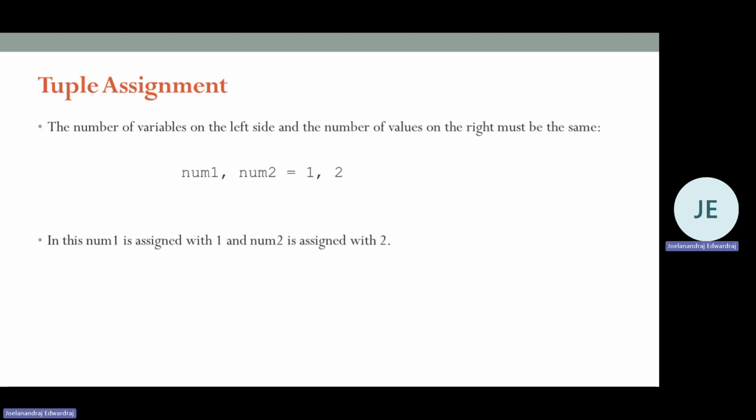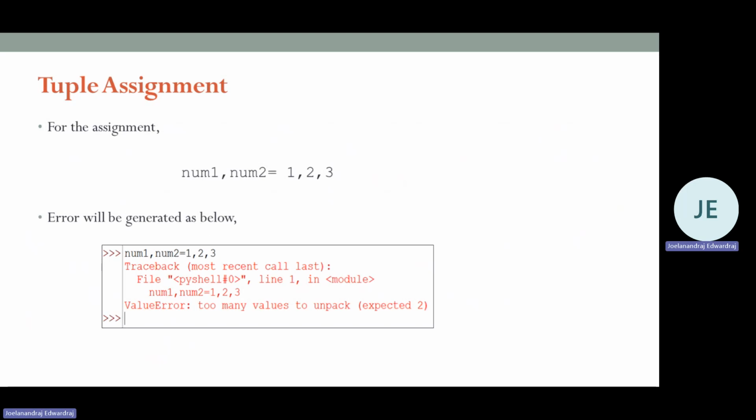One important thing we have to understand in tuple assignment: left side and right side. On the left side, the number of variables should match the right side values. Otherwise, an issue will arise. Like here, num1 comma num2 is equal to 1, 2, and 3. Whenever the interpreter sees this statement, it will get confused because inside the tuple we have 3 values.